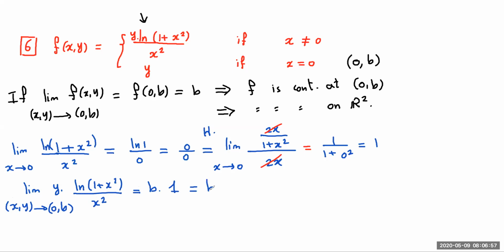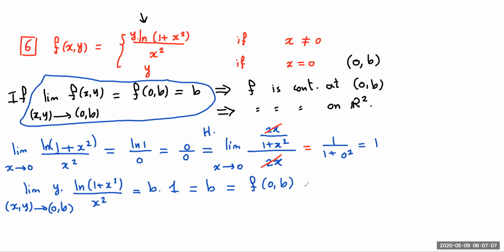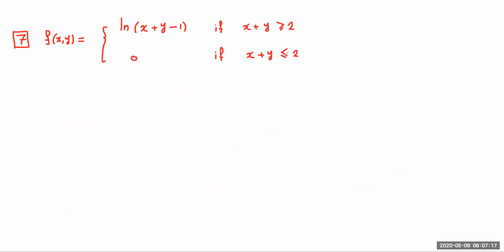So the answer is b, which is f(0,b). So now this formula is correct. Because of this, the function f is continuous at the point (0,b), so it's continuous on its domain R squared.